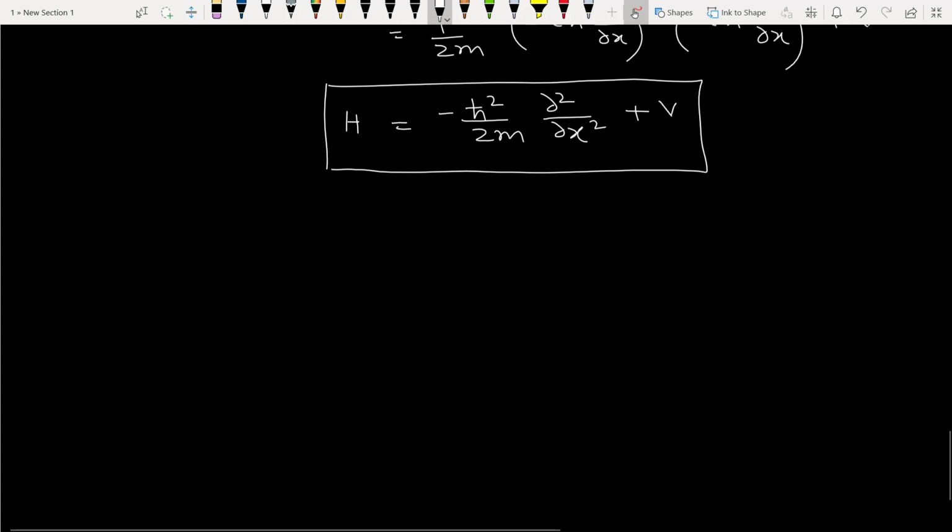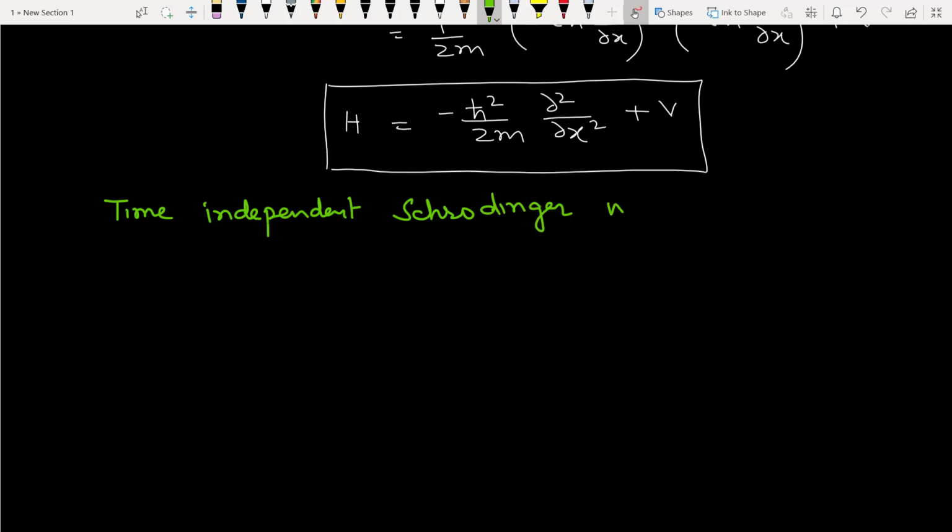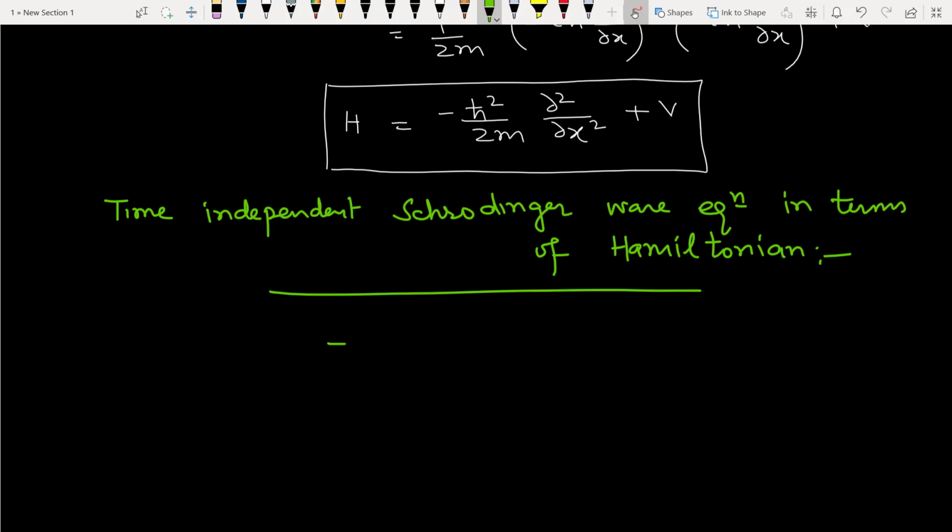The main importance of the Hamiltonian operator lies in the fact that we can simplify the time independent Schrodinger wave equation in terms of the Hamiltonian.